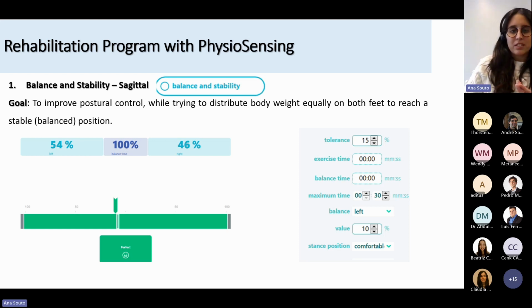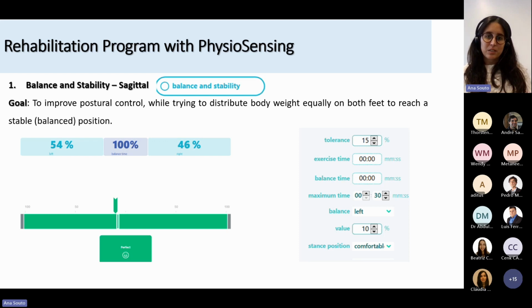So what does it mean? The tolerance is the weight percentage margin allowed outside of the position so the indicator remains green. Okay.